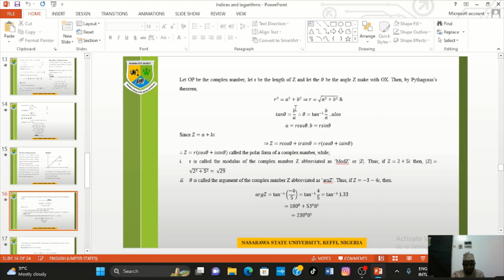This implies, when you take the square root of both sides, R equals the square root of A raised to the power of 2 plus B raised to the power of 2. And tan theta equals B all over A, and then for theta we apply the tan inverse of B all over A. Also, we can write it as A equals R cos theta and B equals R sine theta, since Z equals A plus Bi.